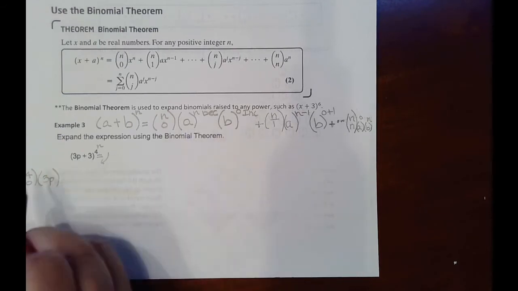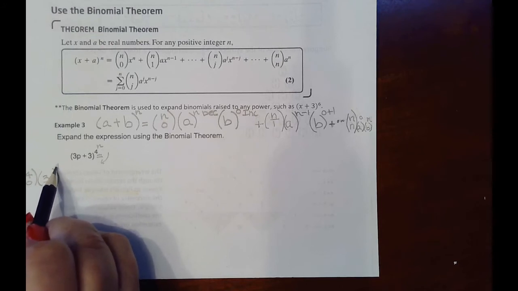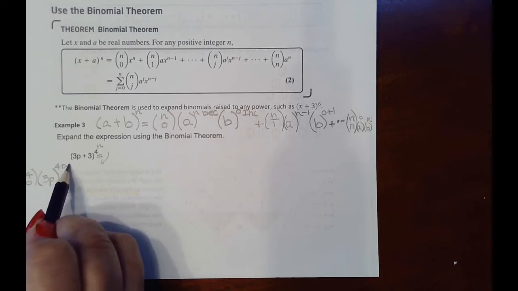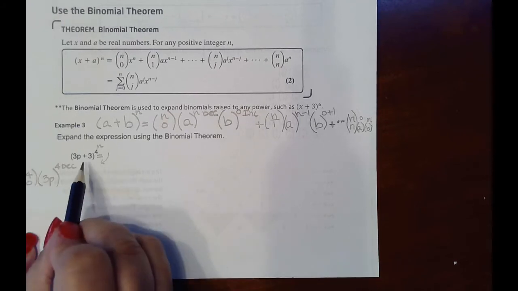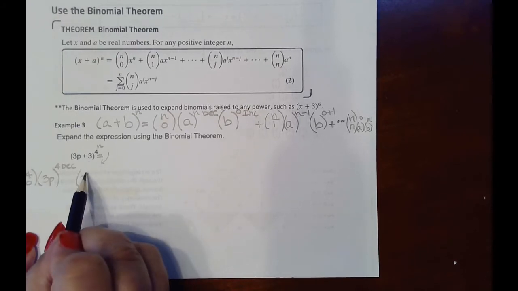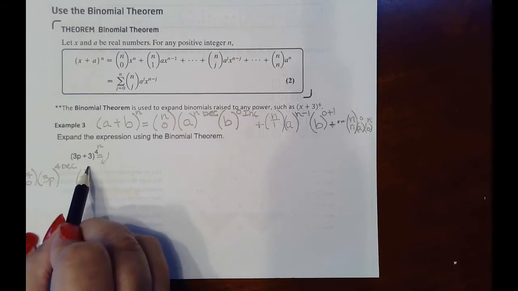We're going to start it off with a power n. This is the one that's going to be decreasing in its power. And then the second term of the binomial, which is a 3, is going to start off with a power of 0, and it's going to be increasing.